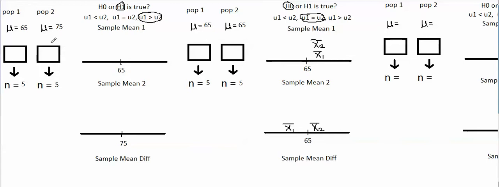So now you're imagining that you're a researcher who's actually studying these two populations. You're interested in whether the mean height of this university is different than the mean height of this university. And unknown to you, the two universities do have different mean heights, which is why H1 is true. If the population means are different, H1 is true.